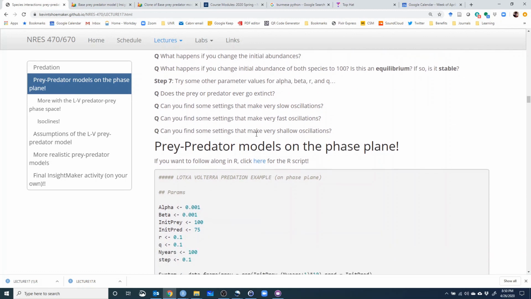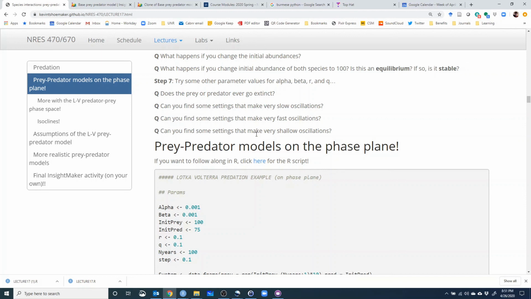And here's a couple of questions. Does the prey or predator ever go extinct? Or can they both coexist in this model? Are they always coexisting? Can you find some values of these parameters that make the prey or predator go extinct? Can you find some settings that make really slow oscillations? Well, we already saw one. Can you make some settings that make really fast oscillations in time?